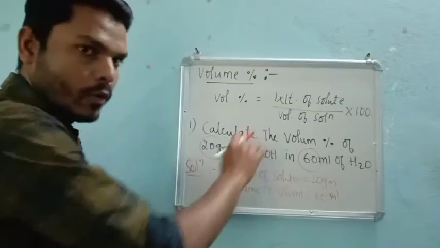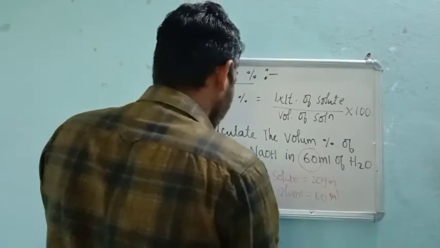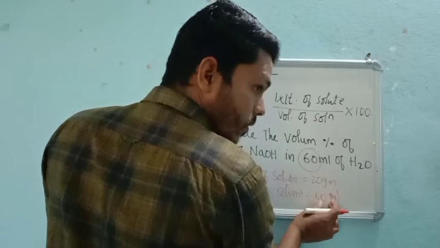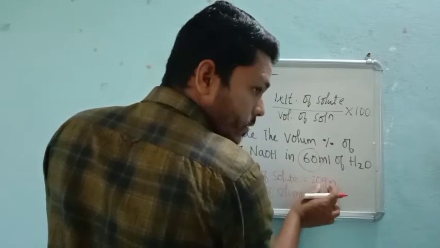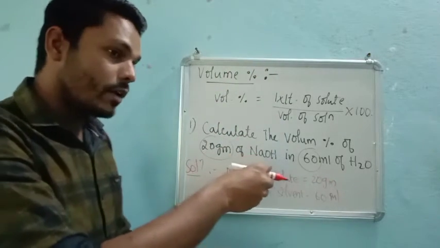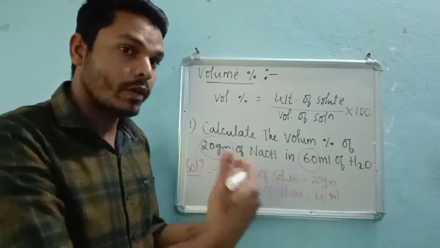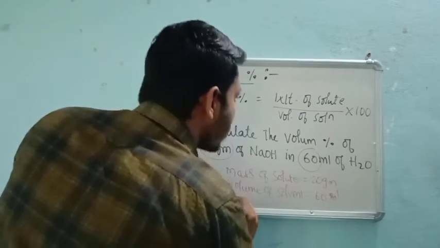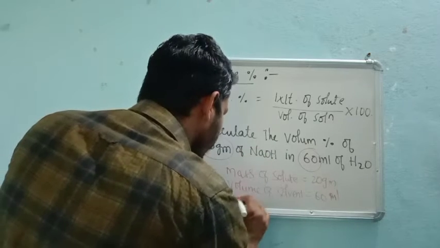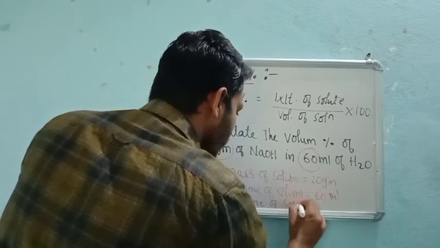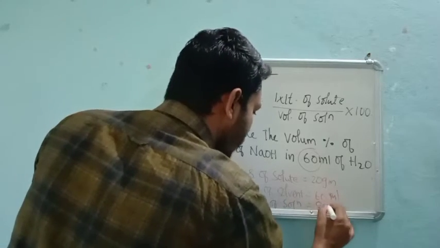If we add both of these, then it will give the solution volume. The solvent is liquid and the solute is solid. If I mix a solid in a liquid, the solution will be liquid. So our volume of solution is equal to 80 ml, not gram.